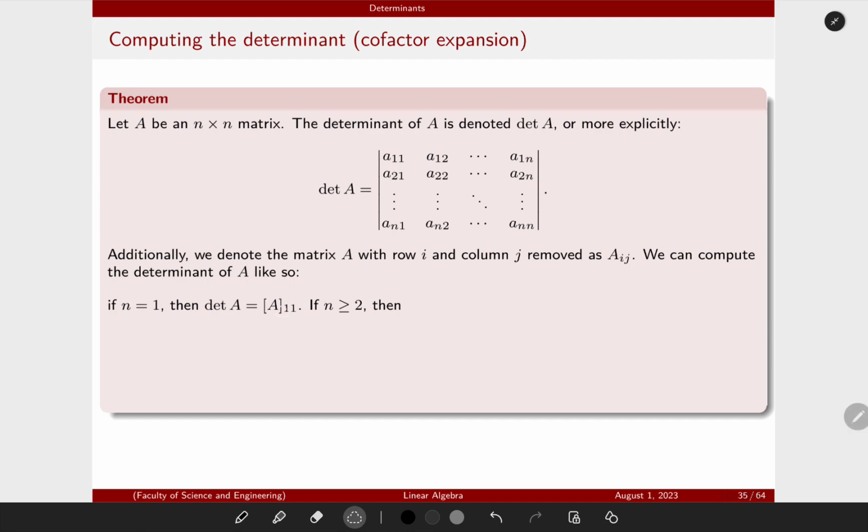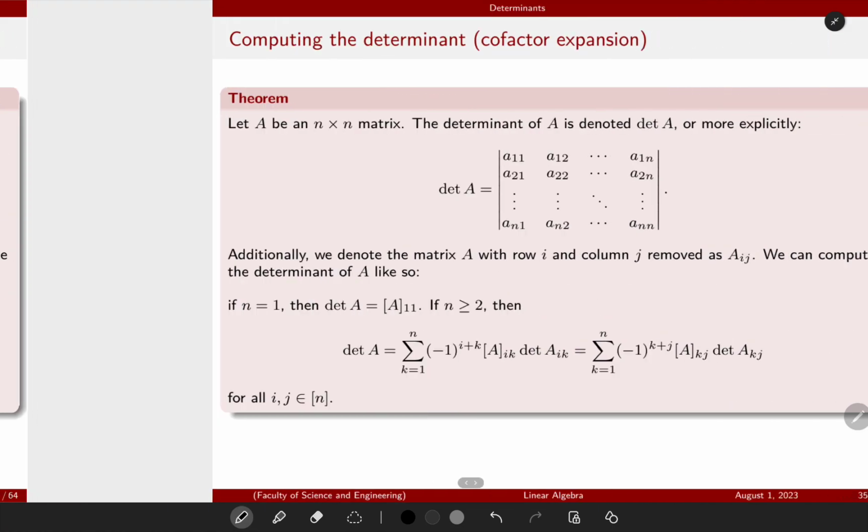If n is 1, then the determinant of A is A11. So, for example, if A is this 1 by 1 matrix, its determinant is 0. If n is greater or equal to 2, then we get this formula.